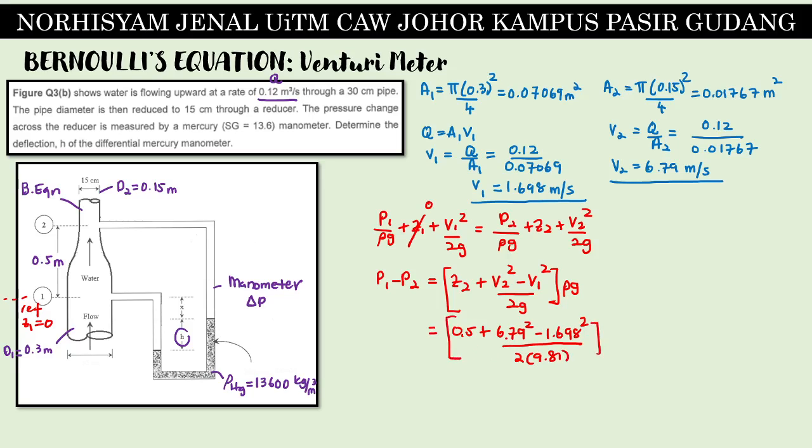Everything is multiplied by water, and since there is no density for water there, we assume it to be 1000 times 9.81.